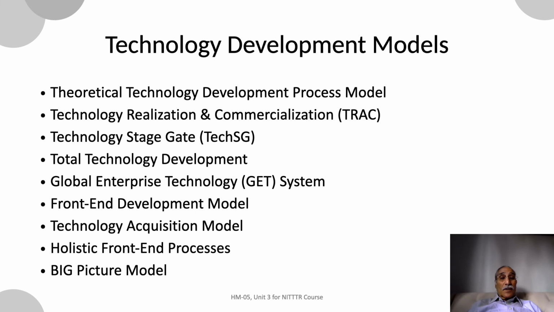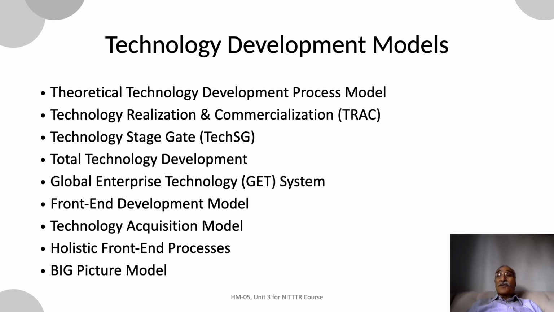We try to talk about the technology realization and commercialization model, which has obviously both the technology aspect and the commercial aspects and takes care of them together so as to realize a product which has high profitability in the marketplace.